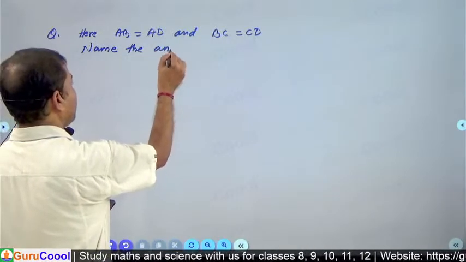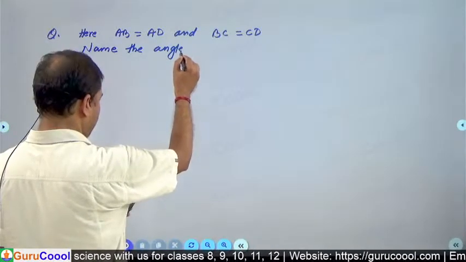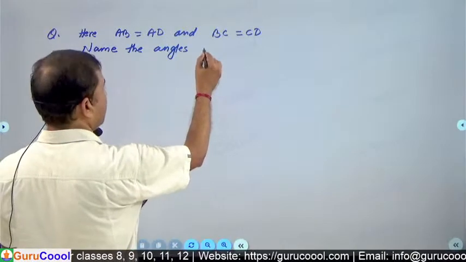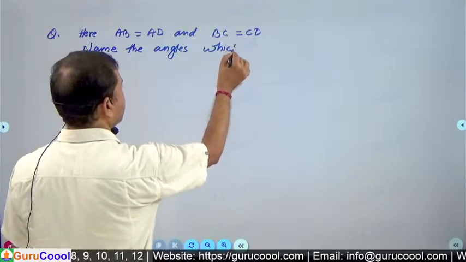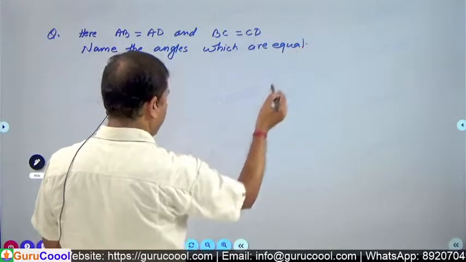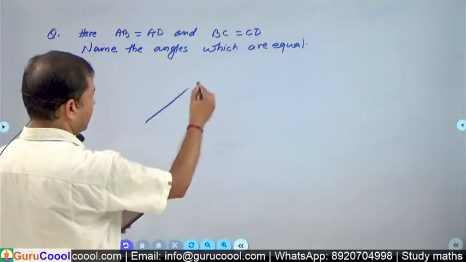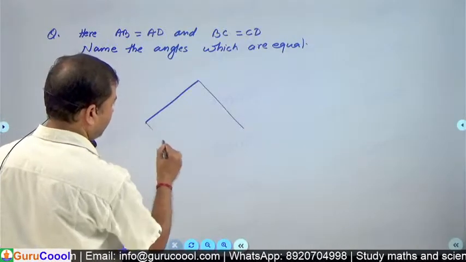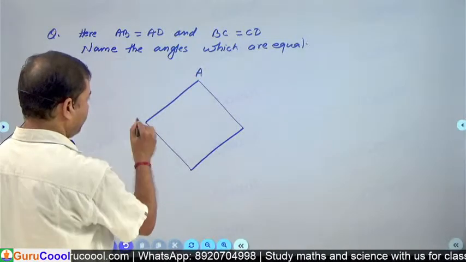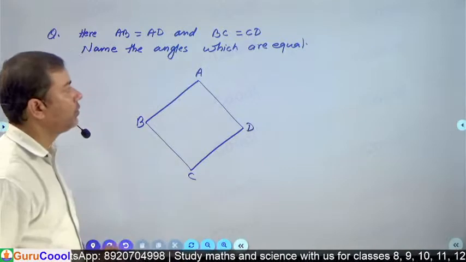Wait for the picture here. Name the angles which are equal, and the figure is given in the question. Figure is given like this. A, B, C, D. Now you can answer.